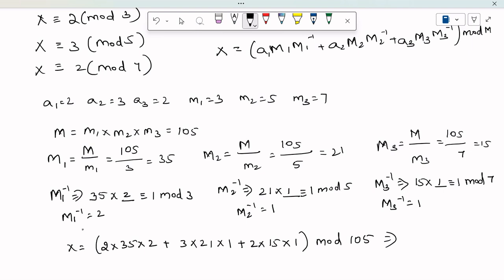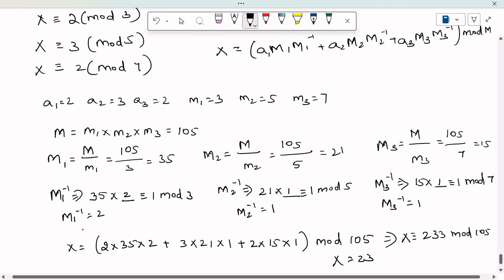So here x is equivalent to 233 mod 105. So x is equivalent to 23.